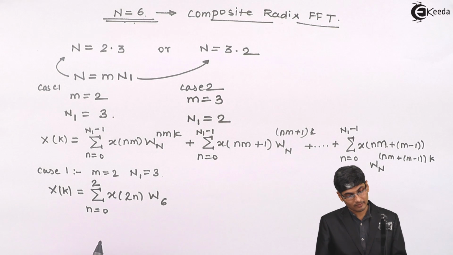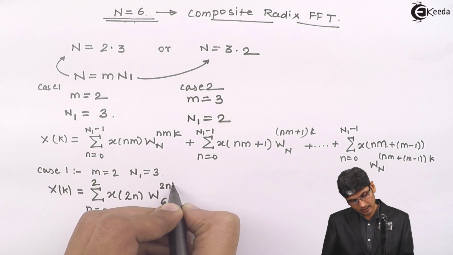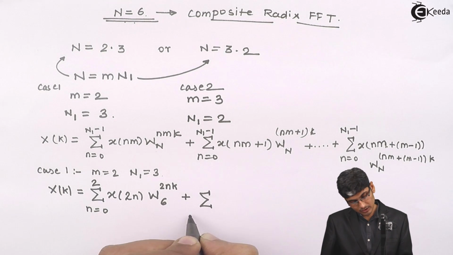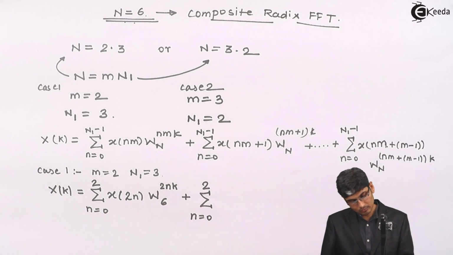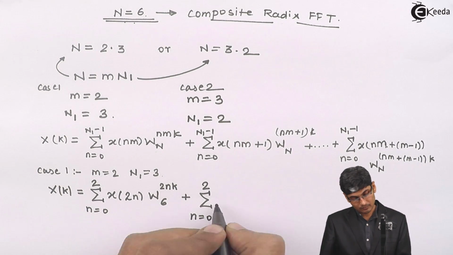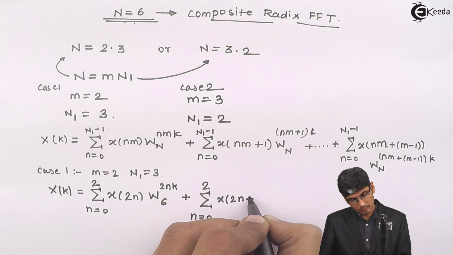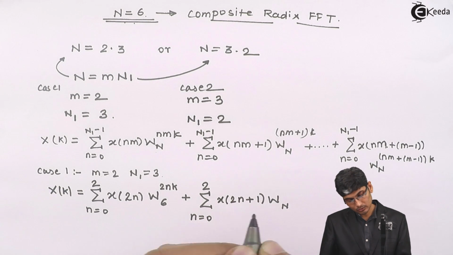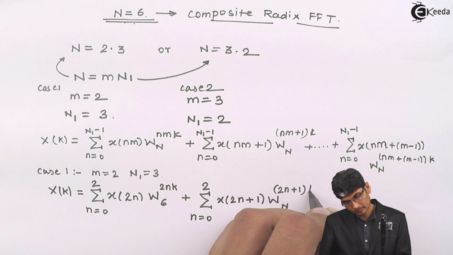So I will have W_6 raised to 2n k, plus summation n goes from 0 to 2, because again 3 minus 1, x of 2n plus 1 W_6 raised to (2n plus 1) k.